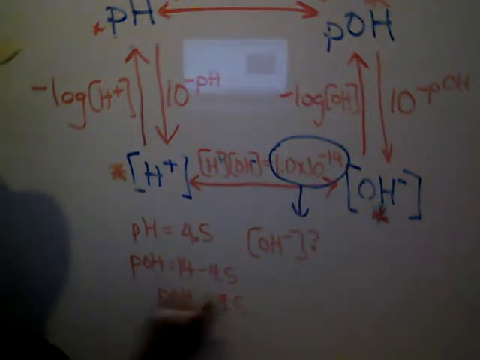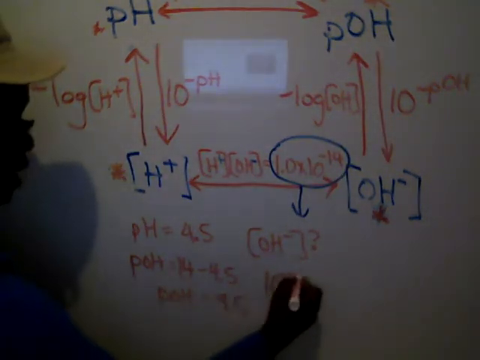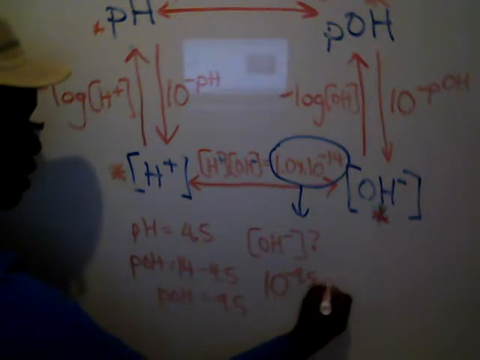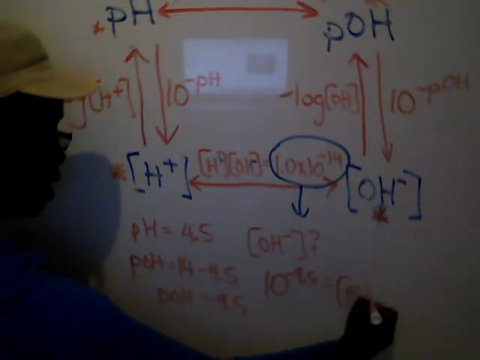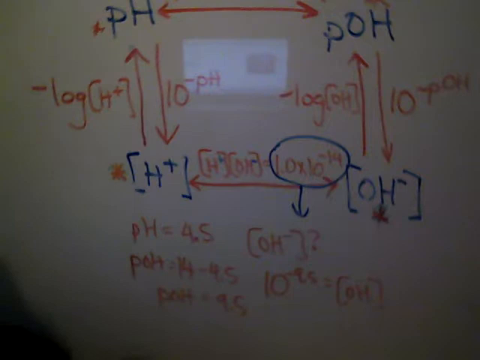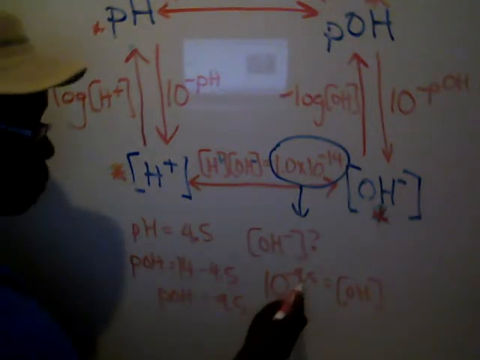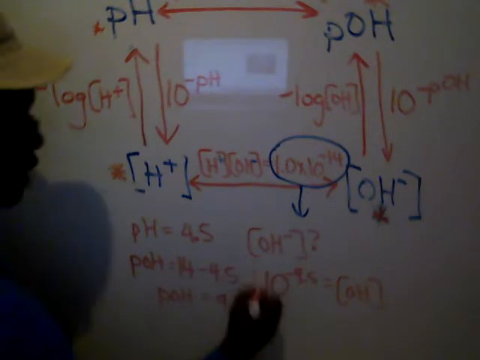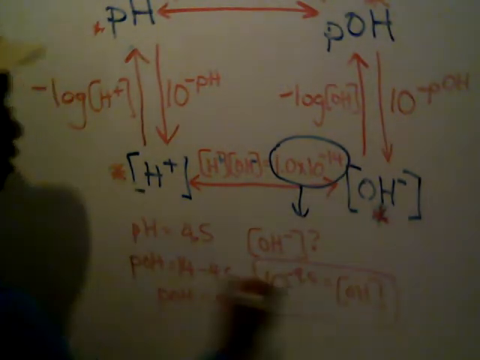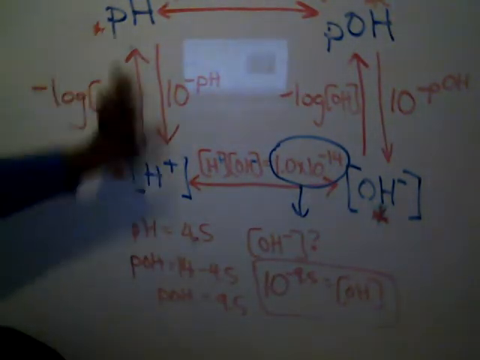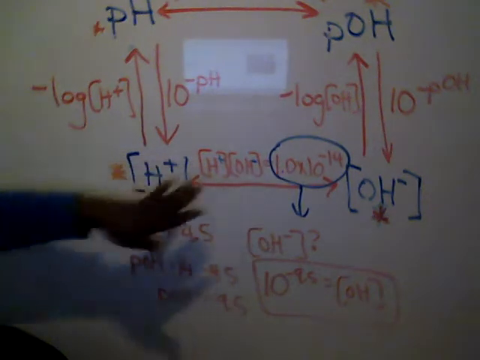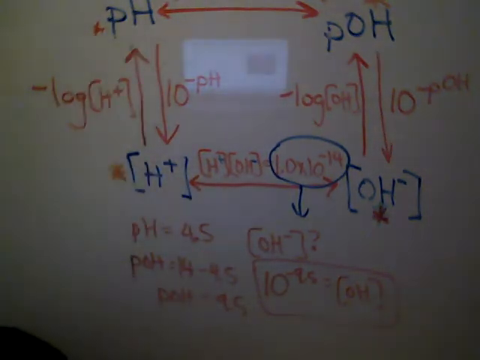So if this is our pOH, we're just going to do 10 to the negative 9.5. That would give us the amount of hydroxides. And whatever this number is, you enter it in on your calculator, with the negative 9.5 as an exponent, and that would give you the amount of hydroxides. Okay? So it may be helpful just to memorize this diagram, and that way it can help you figure out how to do the calculations.